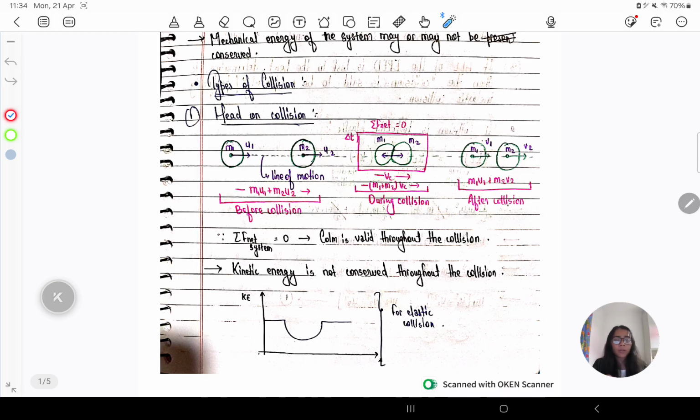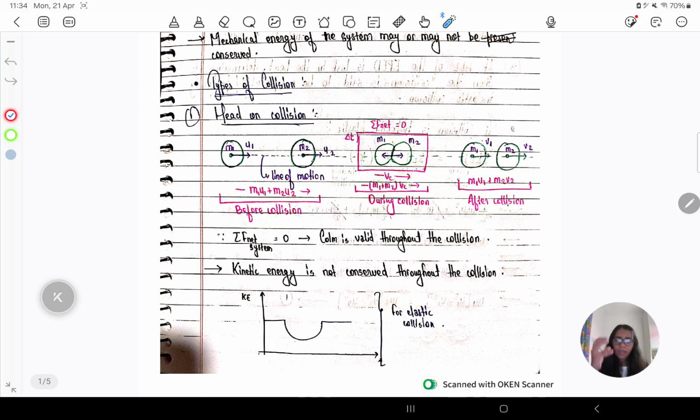Because when two bodies were moving right before collision, they were moving with some initial velocity, so obviously they had some kinetic energy. After collision also they were moving separately with velocities v1 and v2, so again they have some kinetic energy. But during collision they come together and move with a common velocity vc.